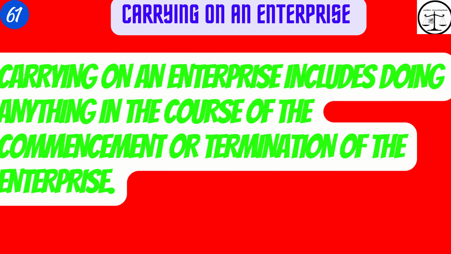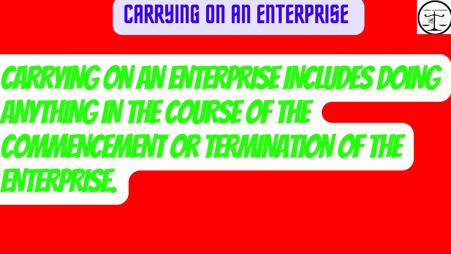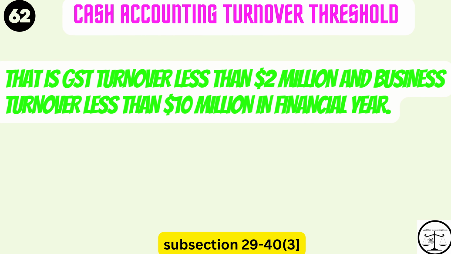Word number 61. Carrying on an enterprise includes doing anything in the course of the commencement or termination of the enterprise. Word number 62. Cash accounting turnover threshold has the meaning given by subsection 29-43.